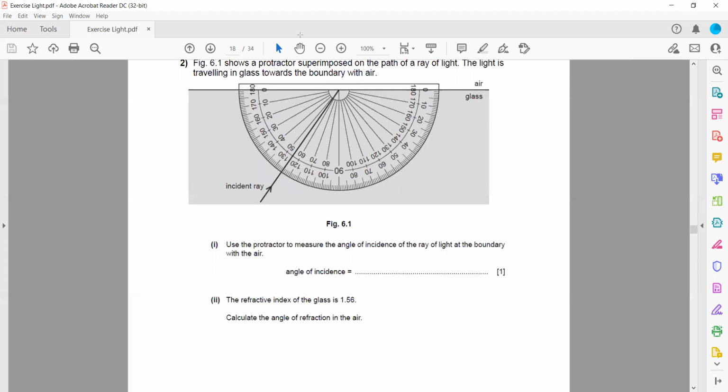When I draw the ray of light, this is the incident ray. We want to measure the angle of incidence, so we always measure from the normal. So we want this angle.